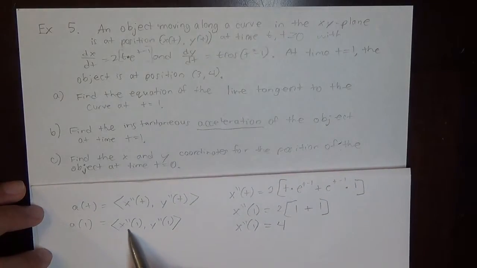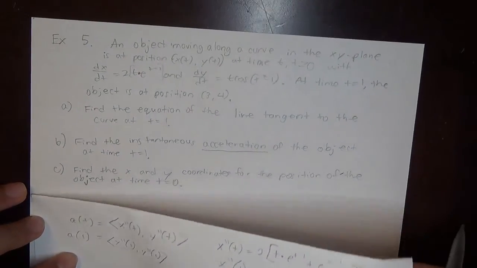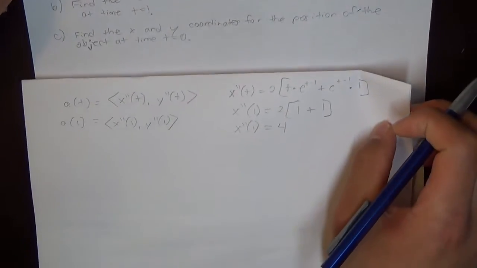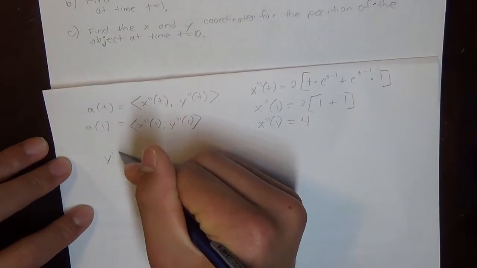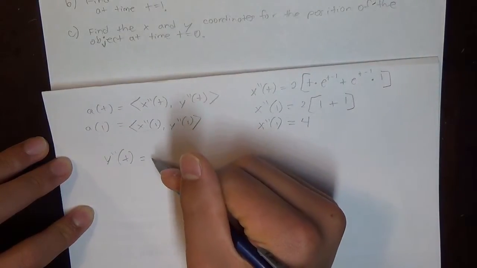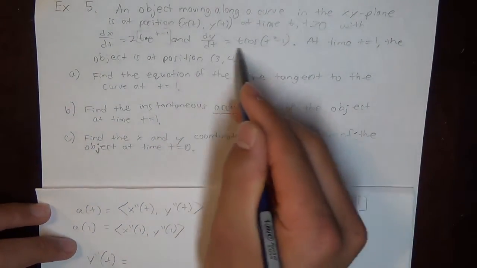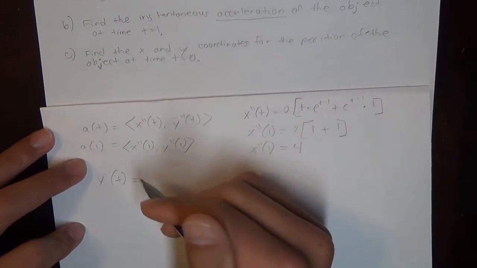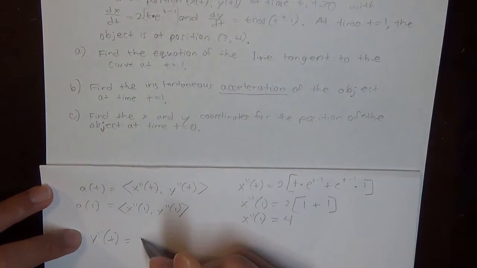So we just found this, right? And now we have to find this part. Let's do that here. Y double prime of t is, so we have to take the derivative of this. It's going to be product rule again.